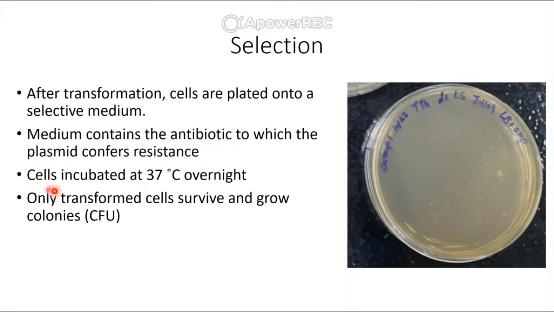And the E. coli cells are incubated at 37 degrees Celsius overnight, which gives them long enough for little colonies to start growing up. As we can see, here are the colonies. If there's no antibiotic present, this would grow in a giant lawn. But because the antibiotic is present, we only see colonies appear from a single cell that had the antibiotic resistance genes present.